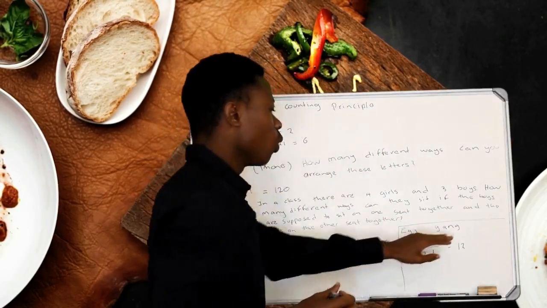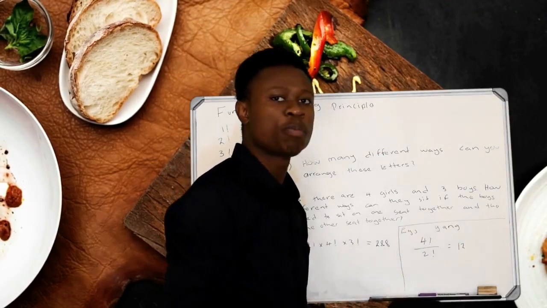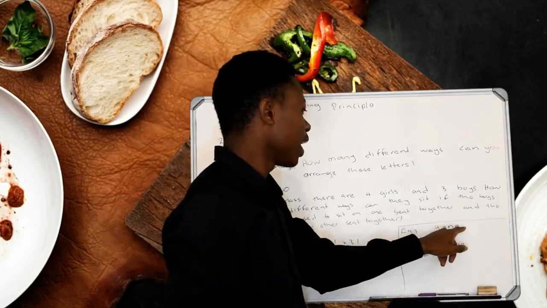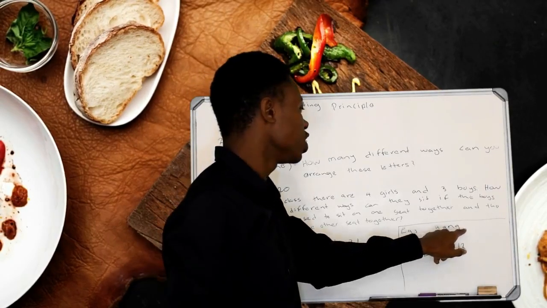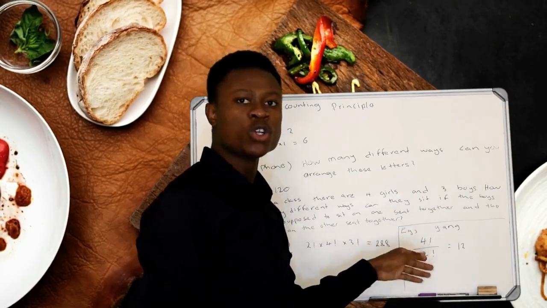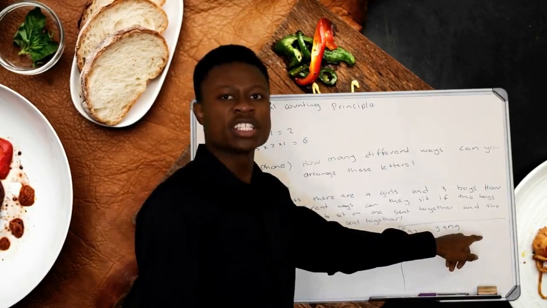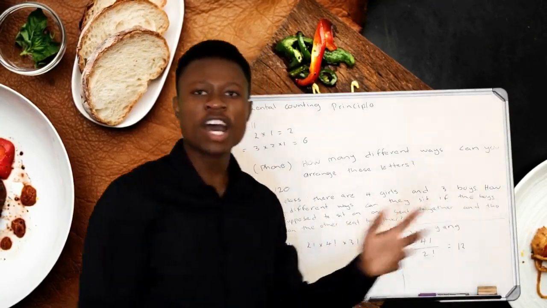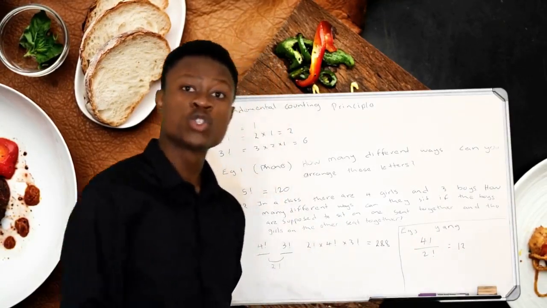If your word had more than one repeated letter, let's say it was G-A-N-G and then there was an A at the end, how would you calculate that? There are 5 options, so it would be 5 factorial divided by 2 factorial.